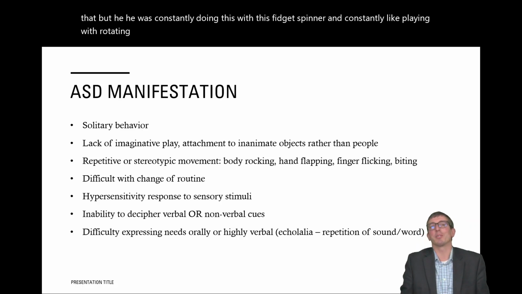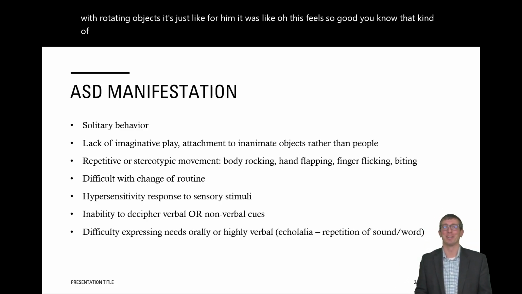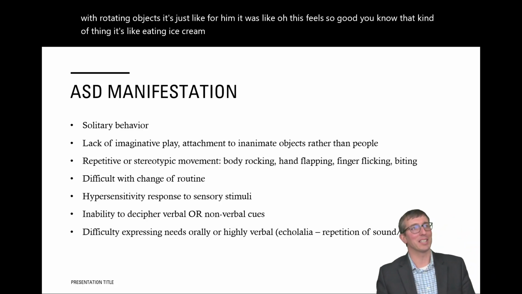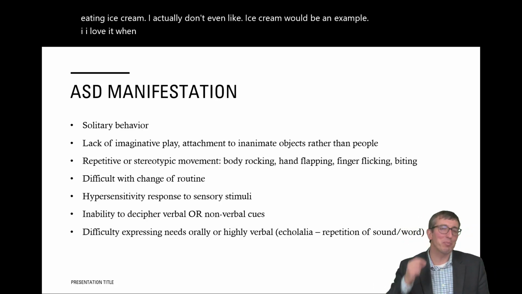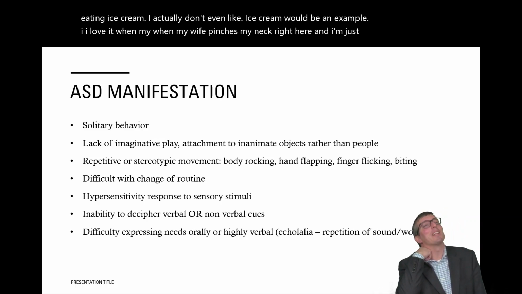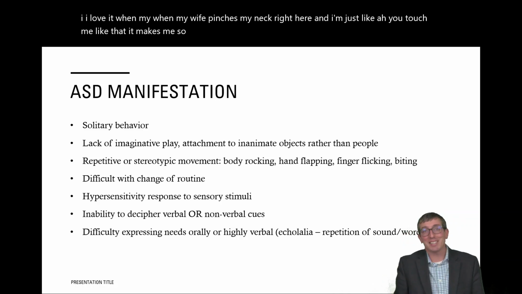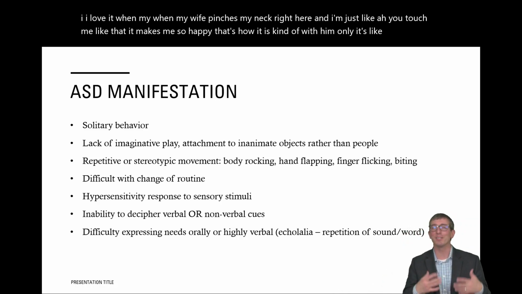For him it was like, oh, this feels so good. It's like eating ice cream. I don't even like ice cream. What would be an example? I love it when my wife pinches my neck right here. I'm just like, you touch me like that, it makes me so happy.